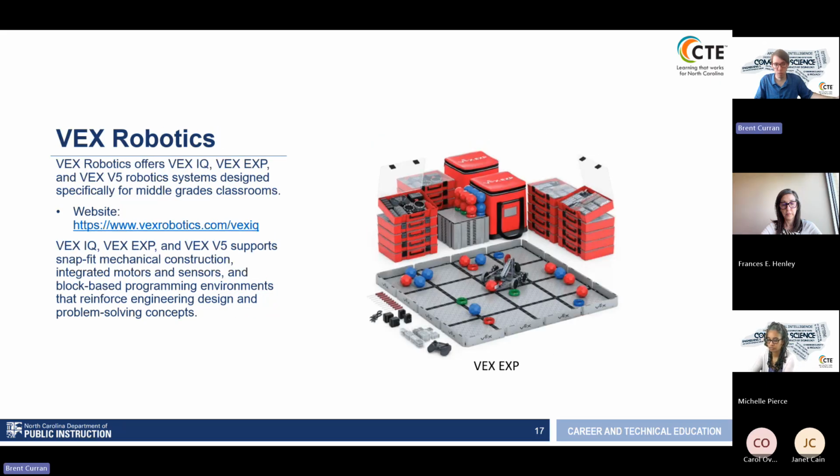Another option, and this is probably the one that most people are familiar with, is Vex Robotics. If you have any schools that do the robotics competitions, they're probably using the Vex V5 system. If you have any schools doing those competitions, I recommend keeping the old field elements.